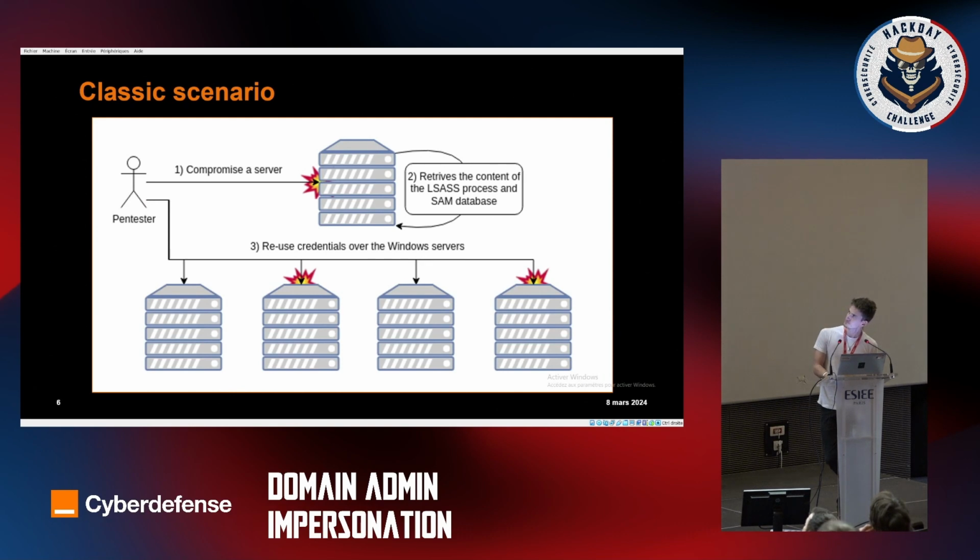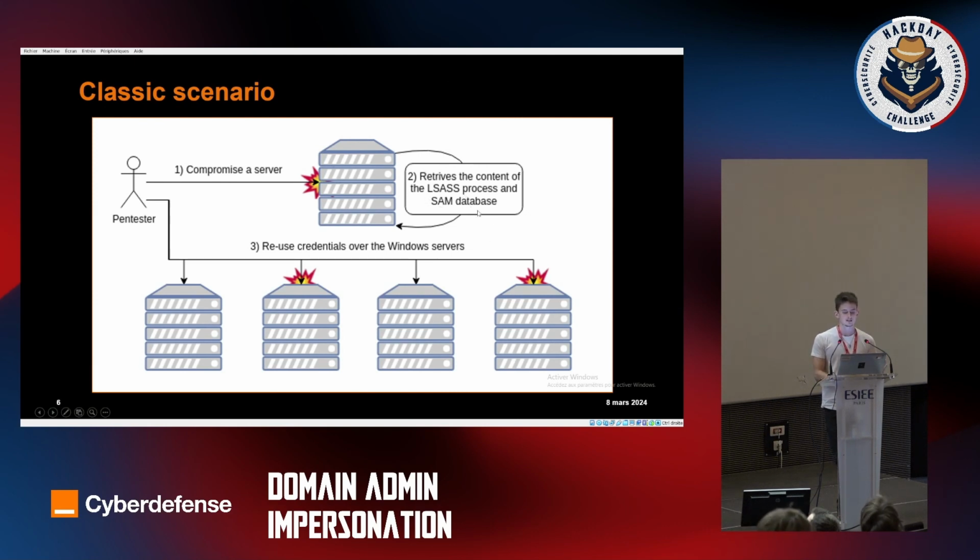Basically, the classic scenario you will find as pentesters is the following. You're going to be able to compromise some servers. On them, you will be able to retrieve the content of both the LSASS process and the SAM database, which I'm going to talk to you about in a few seconds.